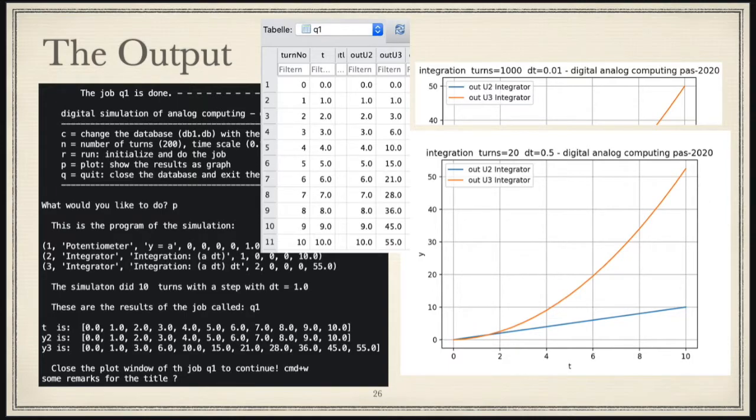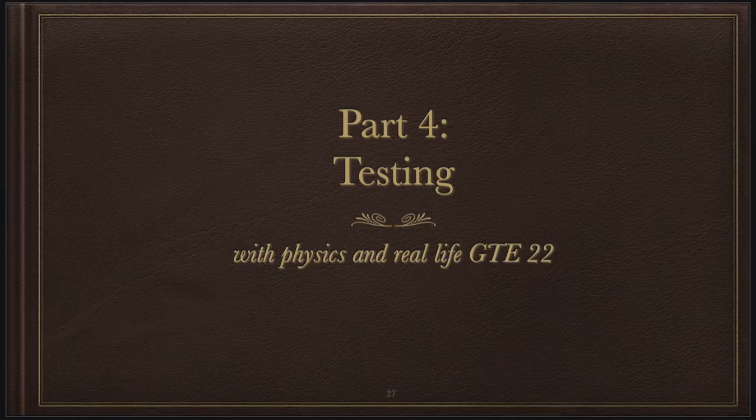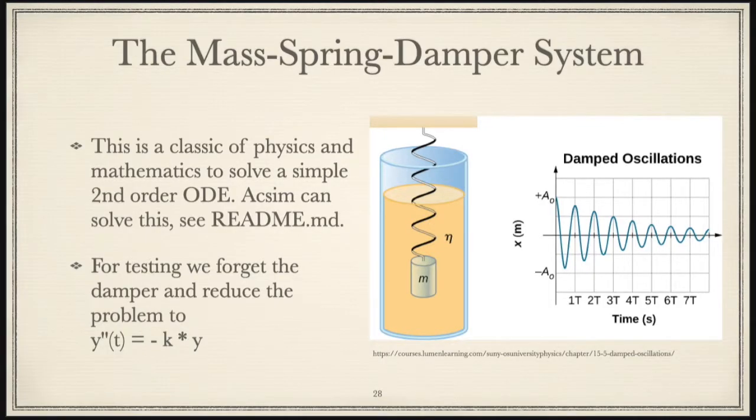Okay, let's test it in detail with physics and a real-life example. Let's look at the mass spring damper system. This is a classic of physics and mathematics to solve a simple second-order differential equation.